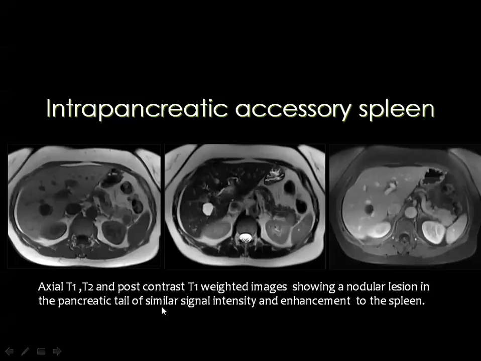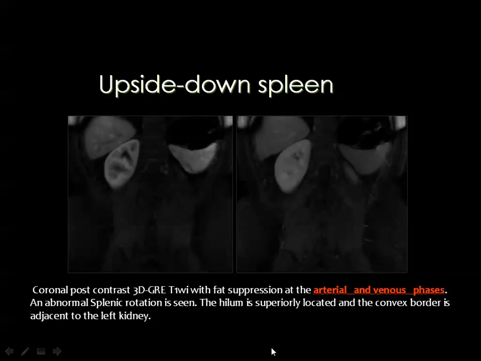Sometimes the accessory spleen may also be located inside the pancreatic tissue, and this is an intrapancreatic accessory spleen. In the T1 weighted image, it looks similar to the spleen. In the T2 weighted image, the same, and after contrast enhancement, it shows similar signal intensity and enhancement to that of the original spleen.